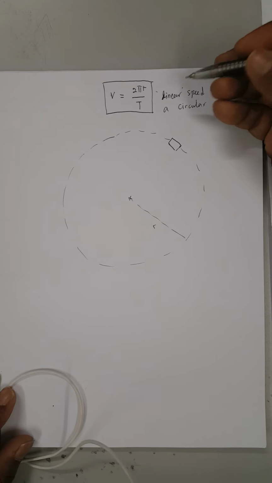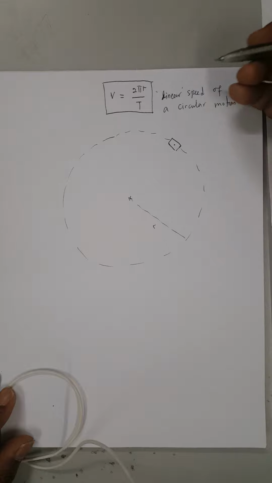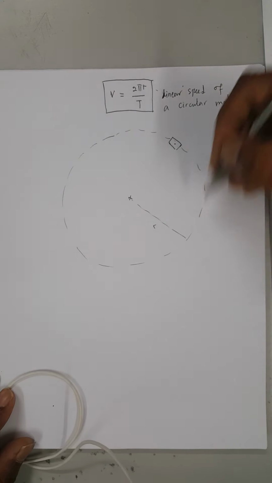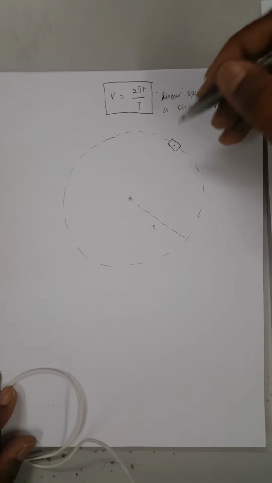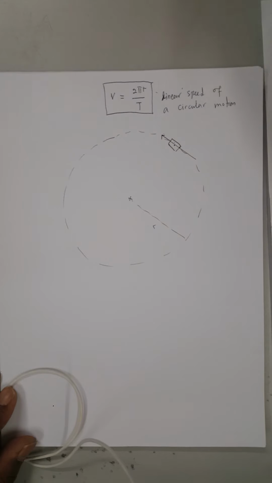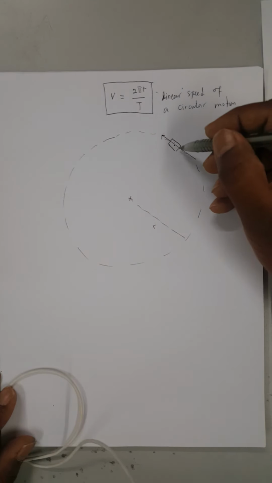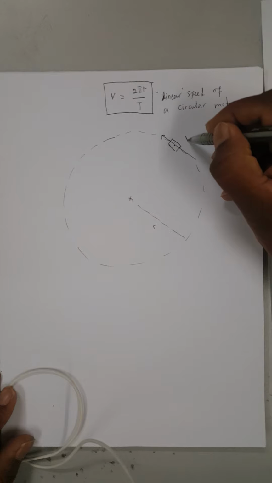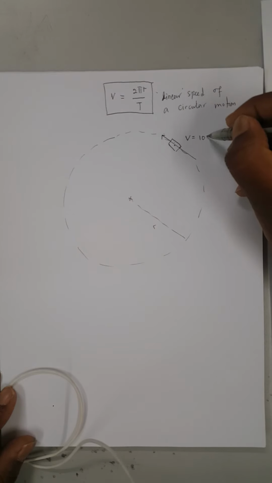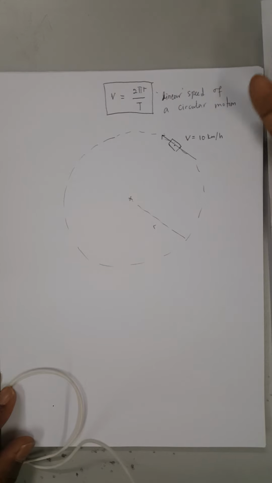At this point, the car is not following the circle or the dotted path. Actually the car is moving tangent to the circle with speed v. Let's say v is 10 kilometers per hour.